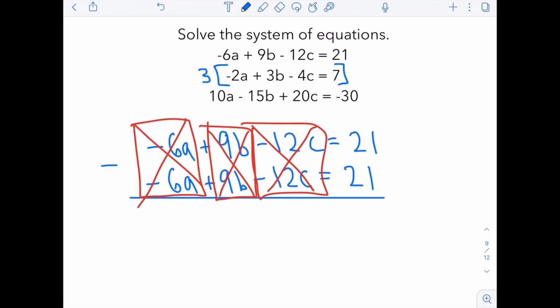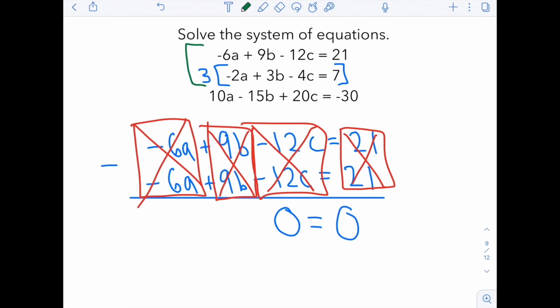So on the left side of this equation, we have 0. And on the right side of the equation, we're left with 21 minus 21, which also cancels out. So on the right side of the equation, we have 0. So we're left with 0 equals 0, which is always true. So this means that the first two equations that we've been looking at so far represent the same plane.